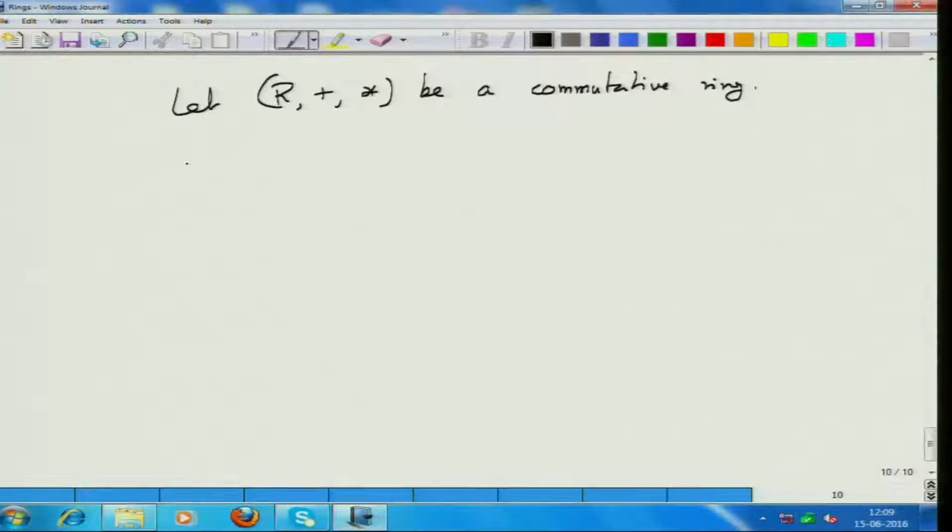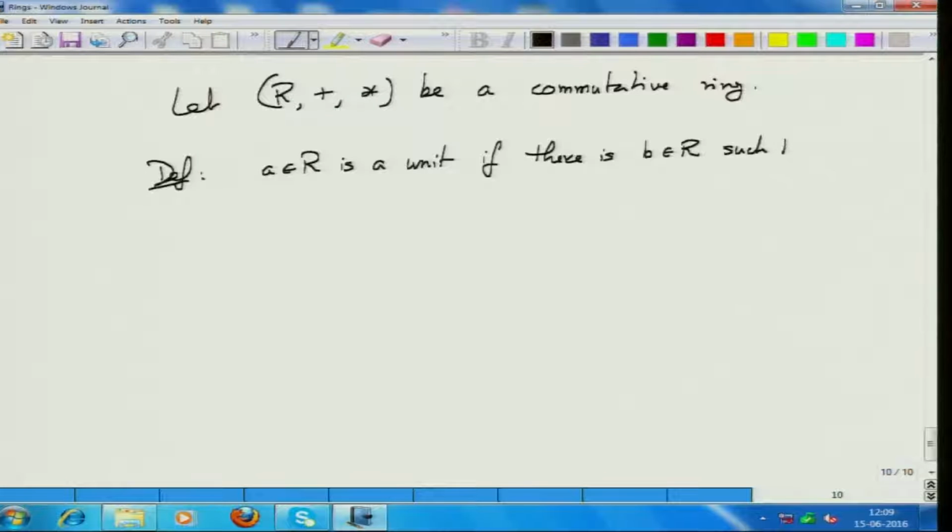So let's formalize that. We say that an element A in the ring is a unit if there is another element B in the ring such that AB is 1, which is another way of saying that B is the inverse of A.